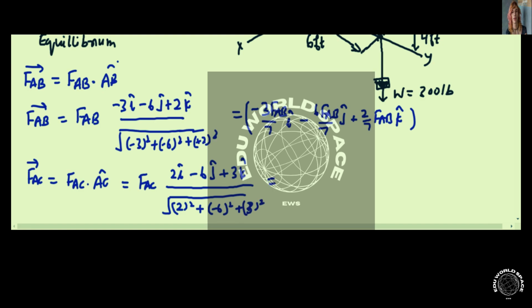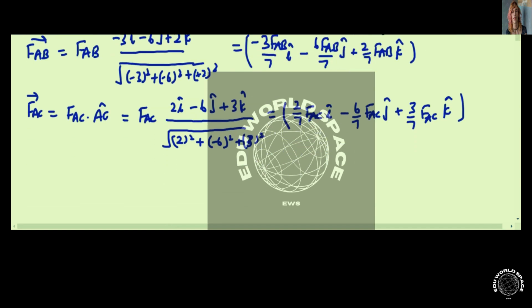So on solving we can write 2 upon 7 FAC I cap minus 6 by 7 FAC J cap plus 3 by 7 FAC K cap.